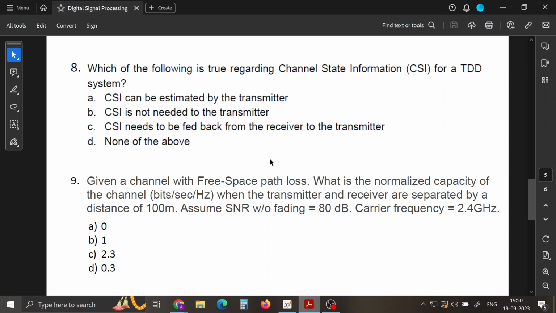Okay, again in the ninth question, actually someone in the previous session, last week's session, wanted to know how to calculate the normalized capacity of the channel in a free space path loss model. Someone actually asked this question, but that was not part of the previous week, week 7.